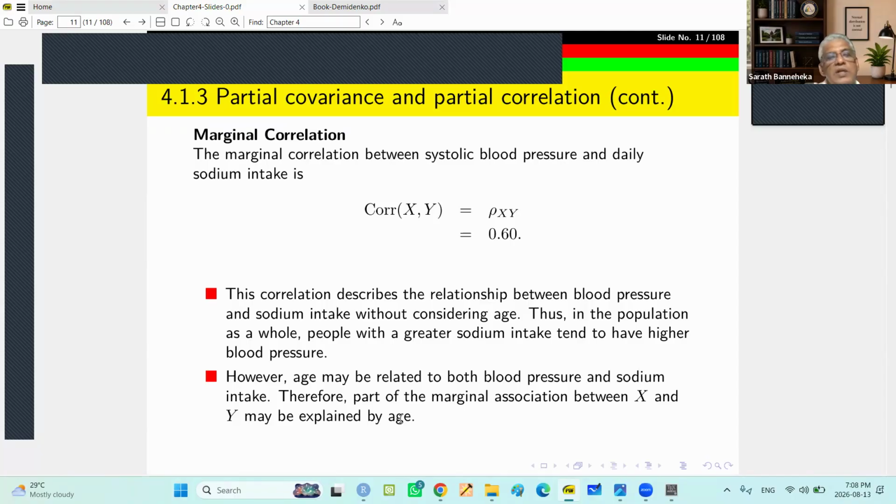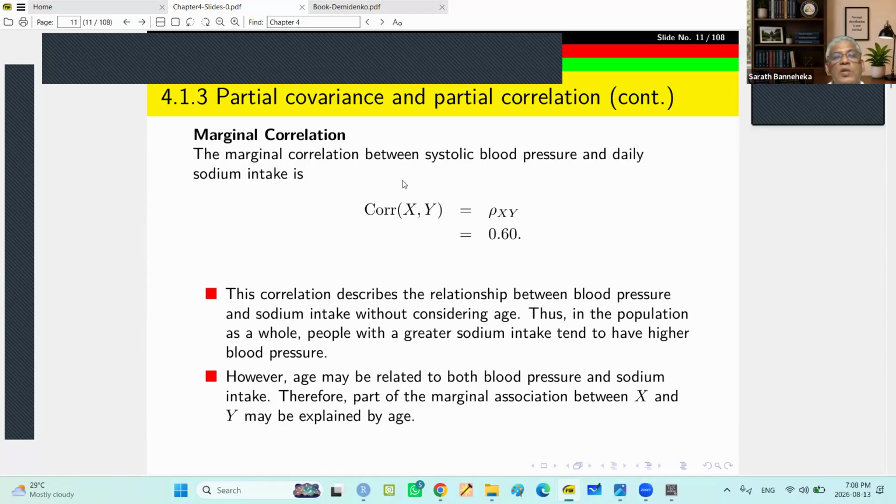Now, let's look at the marginal correlation between x and y. And later on, we will look at the conditional correlation between x and y given z. We will not be able to calculate it, but we can discuss it. And then we will also calculate the partial correlation between x and y given z.